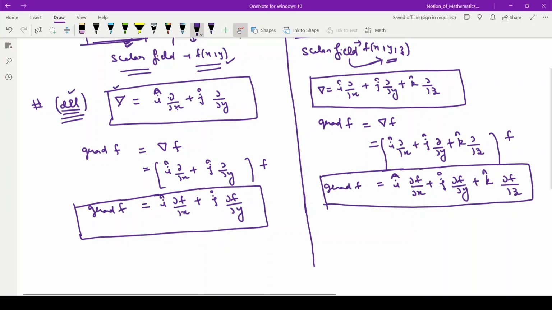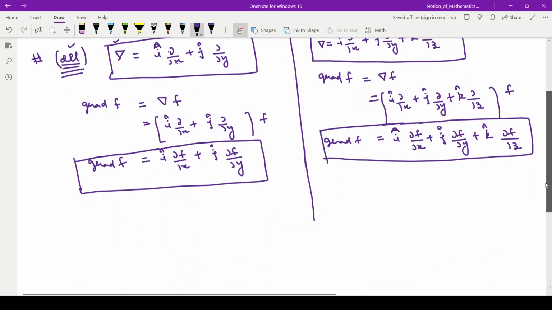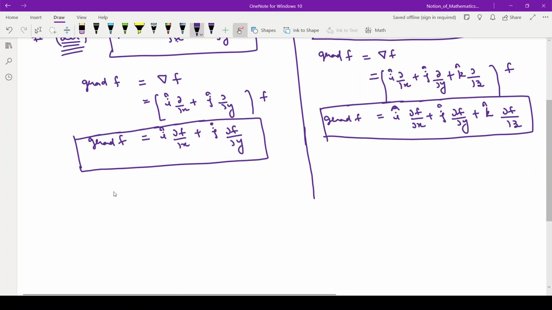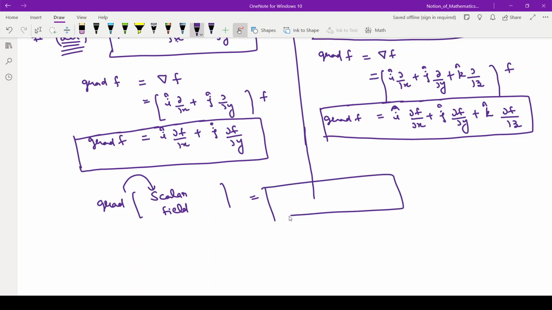So here is one observation regarding the gradient: we apply the gradient over a scalar field, and the outcome will be a vector point function.